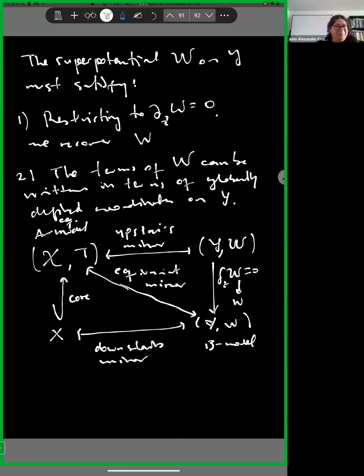You don't need to consider twisted masses or something like that. But when you look at the diagonal and the relation between X, curly X and T and Y, you see that this W should be a Landau-Ginzburg model with twisted masses, as we described earlier.